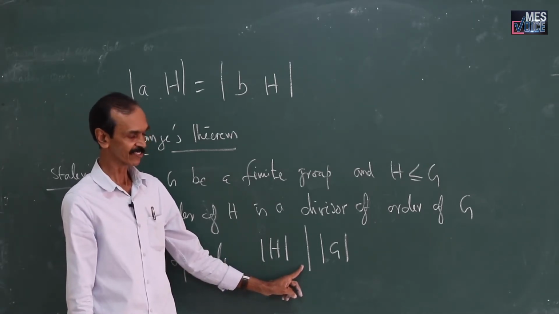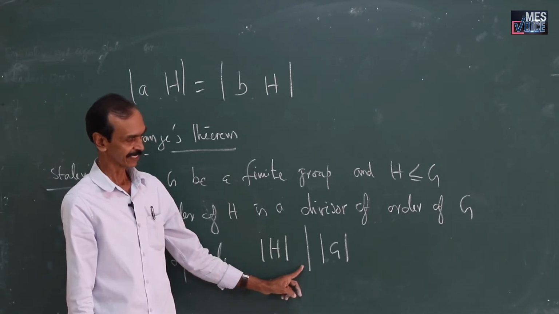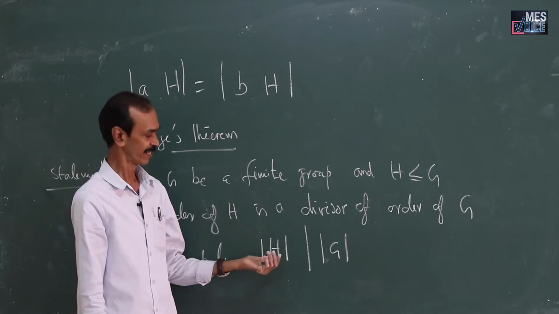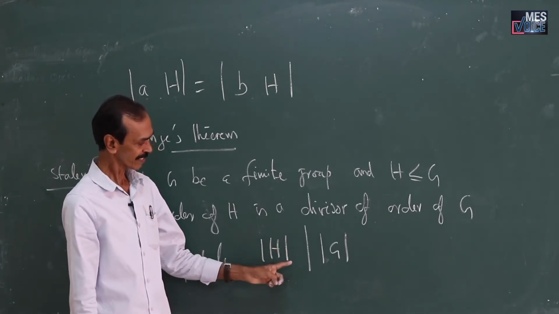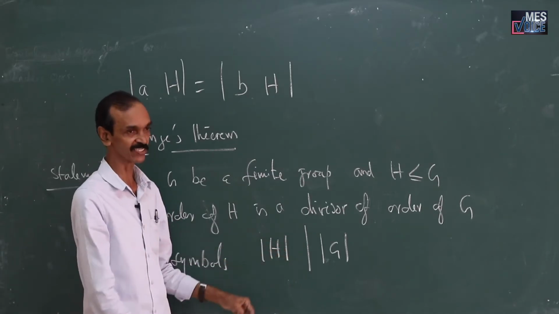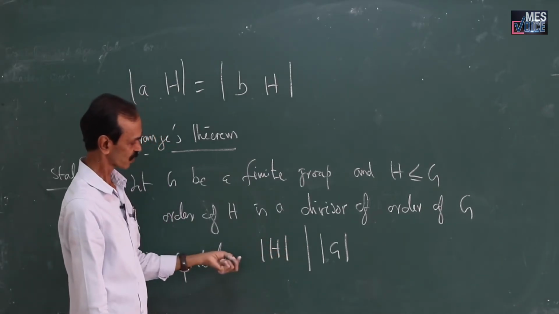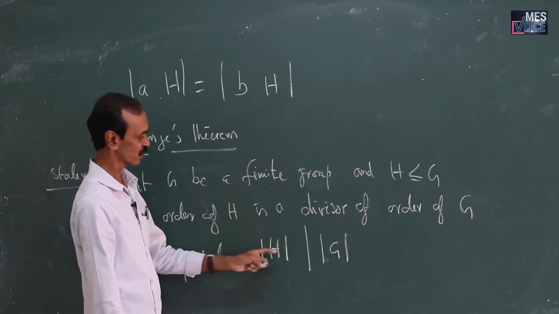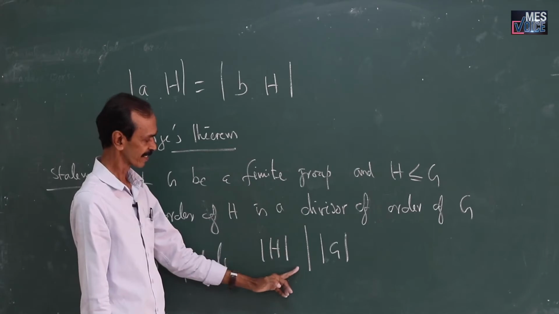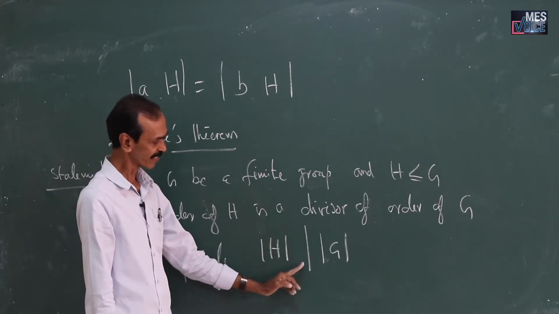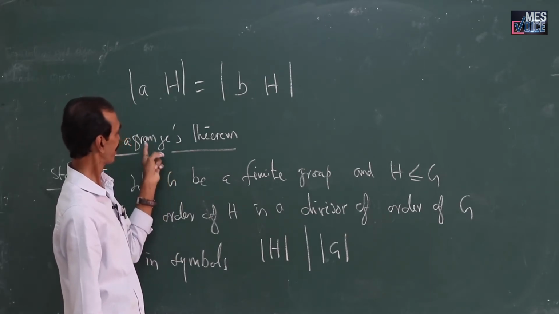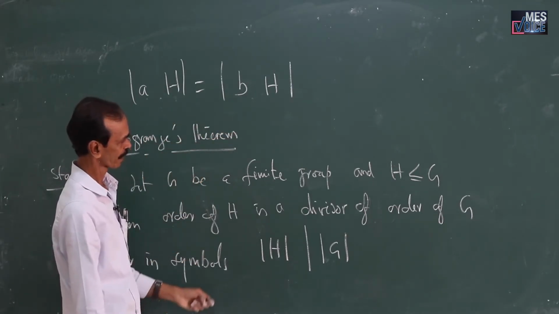We are all familiar with such a relation, and Lagrange's theorem is an occasion where this number theory result finds an application in algebra. That is, the divides relation, used for several things in number theory, is used here in group theory in the context of Lagrange's theorem.